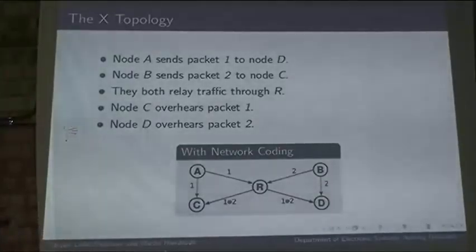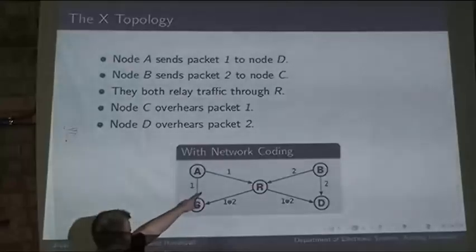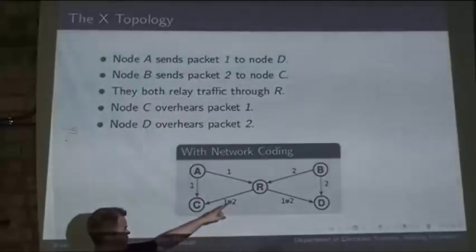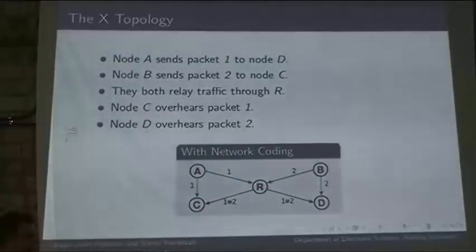The previous example required that the nodes each store the packets that they transmit, but in a wireless mesh network, you often have the possibility to overhear the packets transmitted by other nodes, so we can exploit that as well. If we consider this X topology, an extended example of the previous topology, node A transmits packet 1 to node B, and node B transmits packet 2 to node C, again through this relay node.